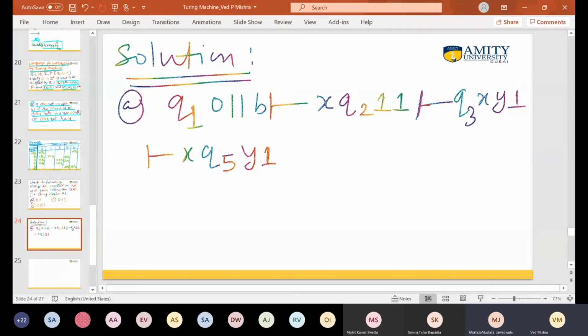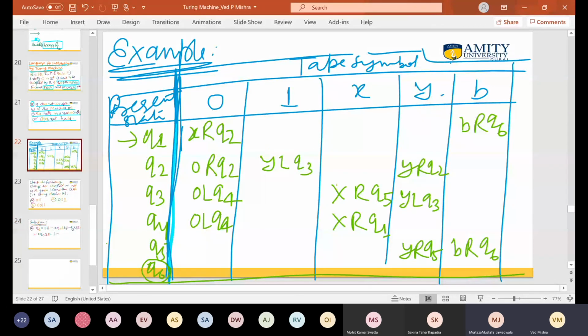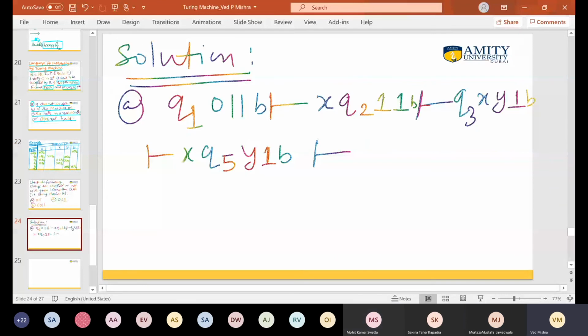And somebody told me to add B as well, so let's add B. Now Q5 Y: Y R Q5. So Y stays Y, and you are moving one step right.